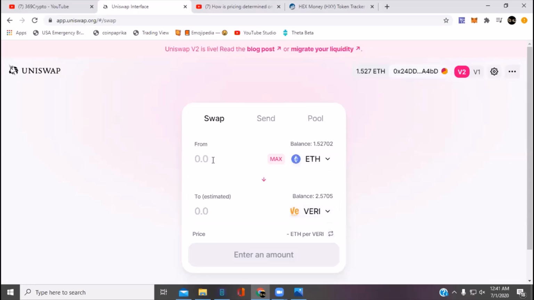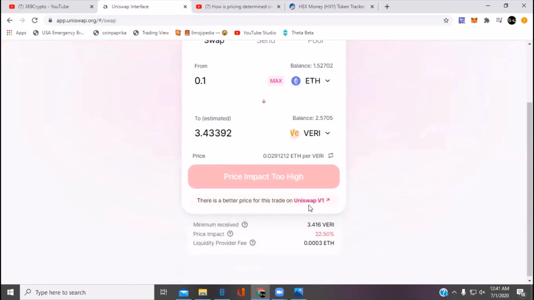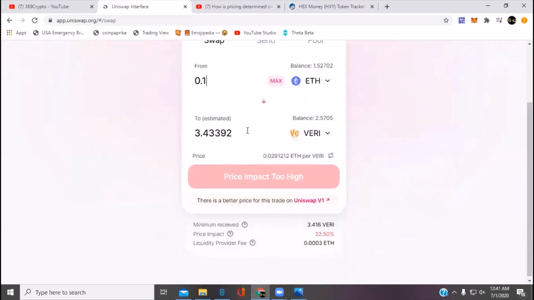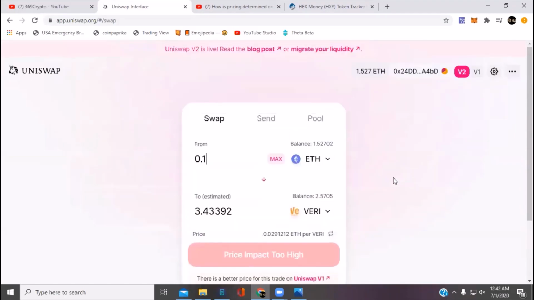So what happens in here if I put in 0.1 Ethereum, it will knock up the price 22.5%. But through this transaction, a liquidity provider is the person that would be providing both sides of this pair. If I were to push ETH into this pair, there's a transaction fee of 0.003%, I believe. I'll go over that in a second. And that fee gets paid to anyone who provides liquidity to that pool for that particular pair.